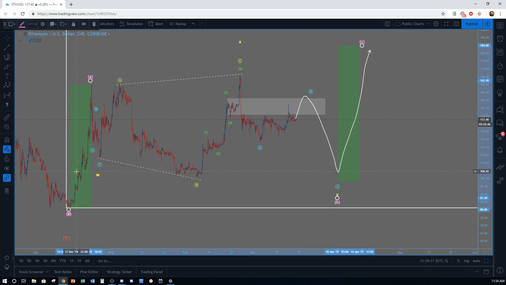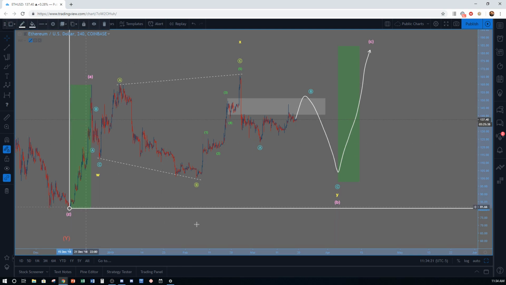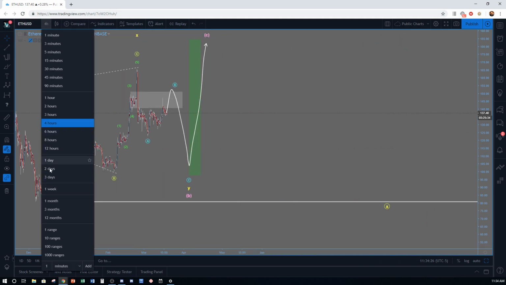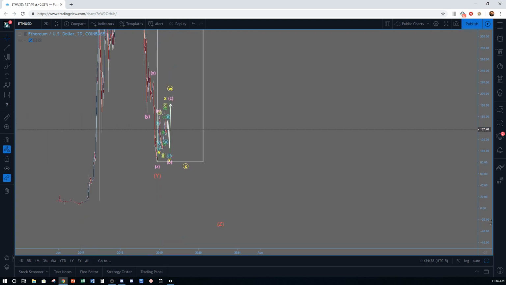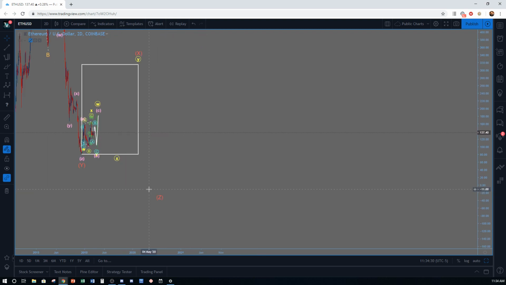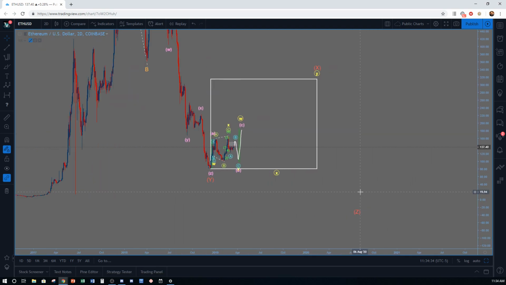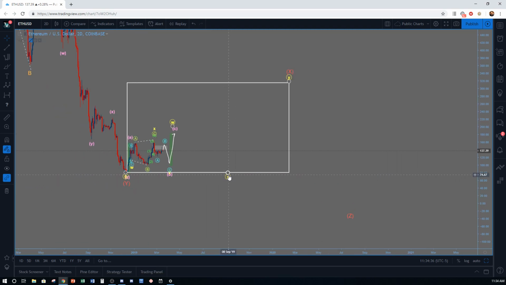I'm expecting it to be pretty similar to this. May not be quite as fast, might take a little bit longer. But price-wise, I expect it to be quite similar. Now, if I'm right that this is all just the first move, we could see significant sideways. We could see an X here.